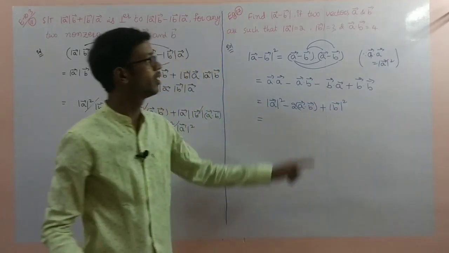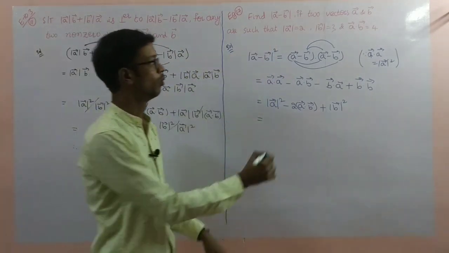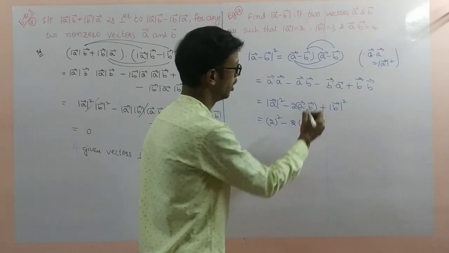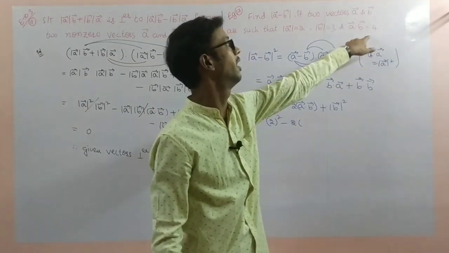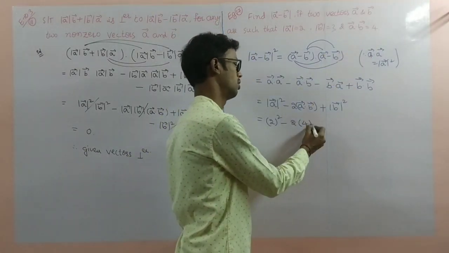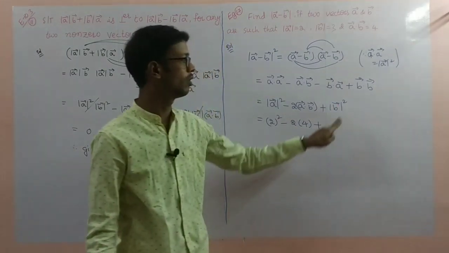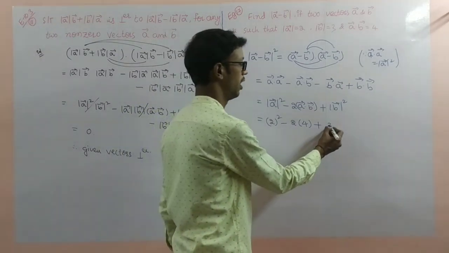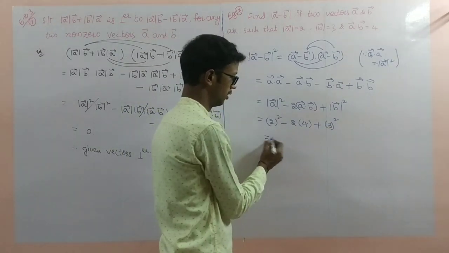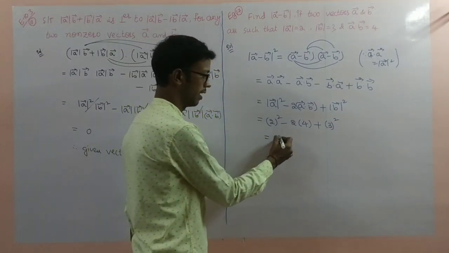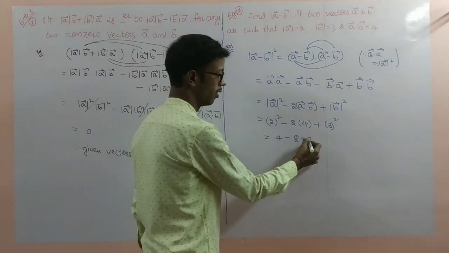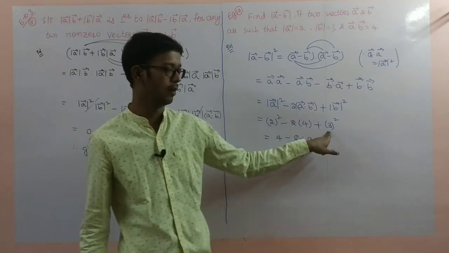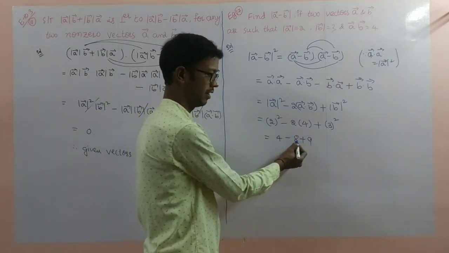What is given? Magnitude of A bar is 2. So 2 square minus 2 into A bar dot B bar, value is 4 here. So substitute here 4 plus magnitude of B bar. Magnitude of B bar is 3. So 3 square value here. Simplify this one. 4 minus 8 plus 9. 9 minus 8 is 1.